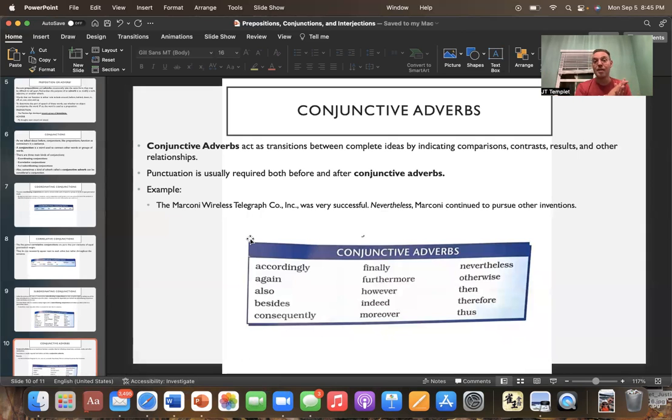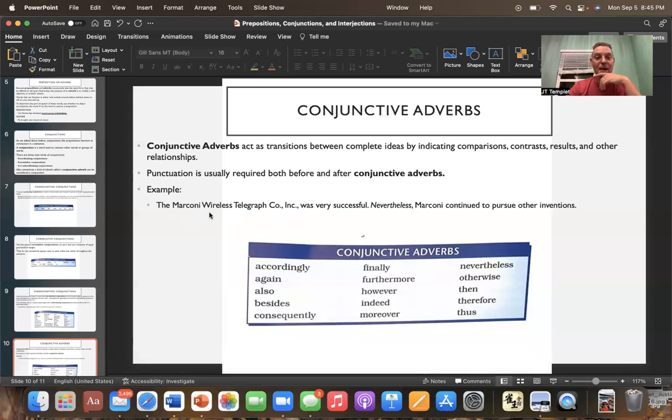Conjunctive adverbs. They act as a transition between complete ideas. So you're going to want to think about using these when you're writing your narrative, by indicating comparisons, contrast, results, and other relationships. Punctuation is usually required both before and after conjunctive adverbs. So they really kind of interrupt.